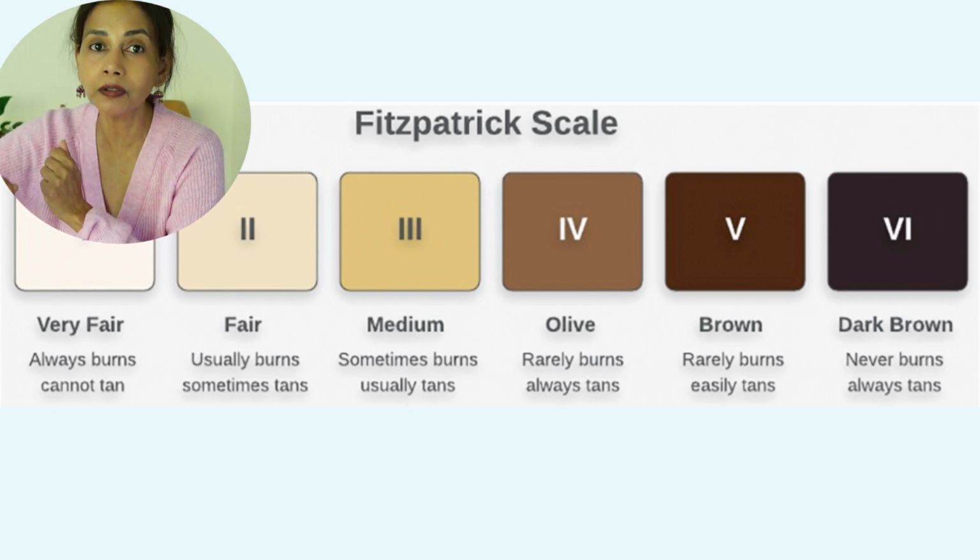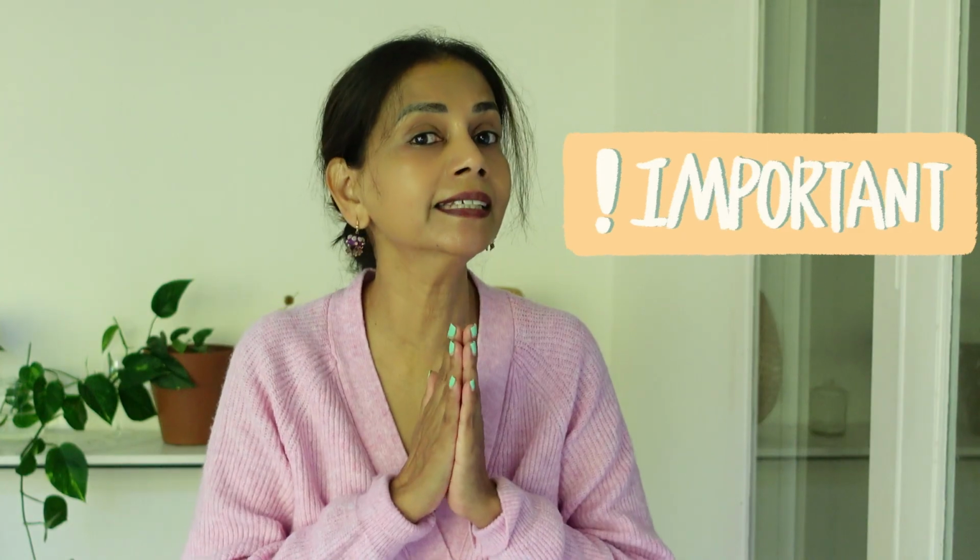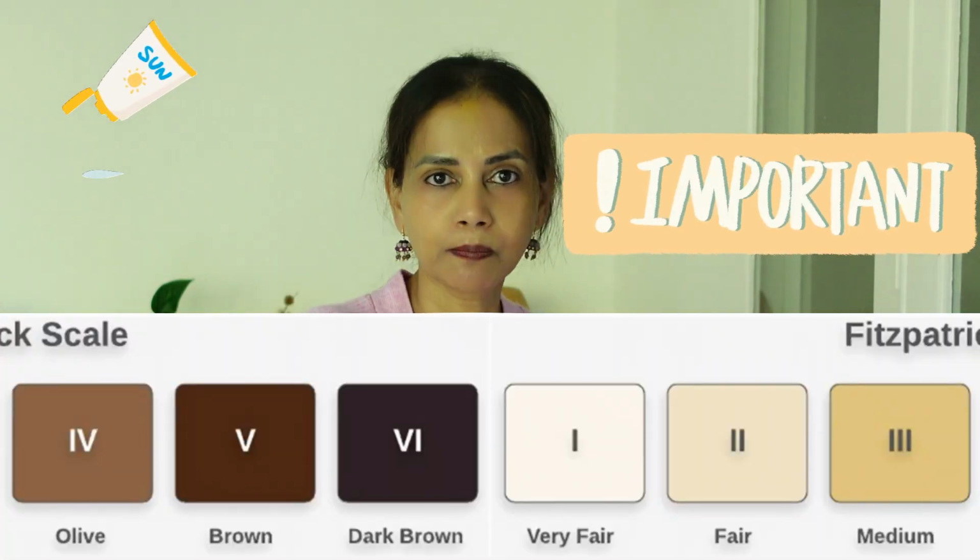That means more tanning and less burning. A word of caution: melanin can never give complete protection for our skin, and that's why sunscreen comes in. The protection we are talking about here is the minimum protection that skin can offer. So more protection here and less protection here.